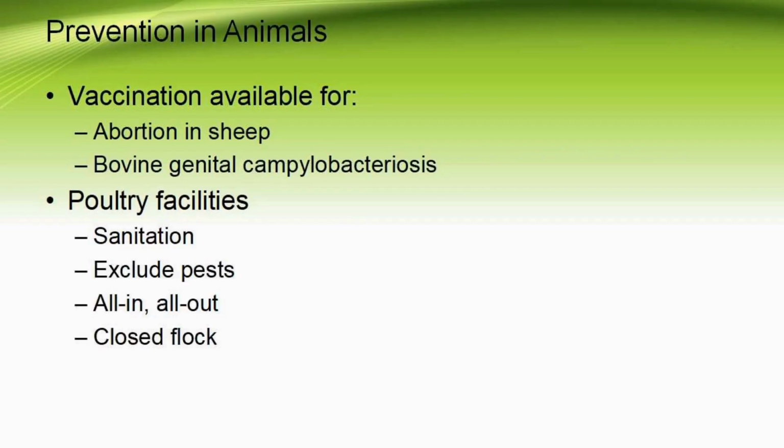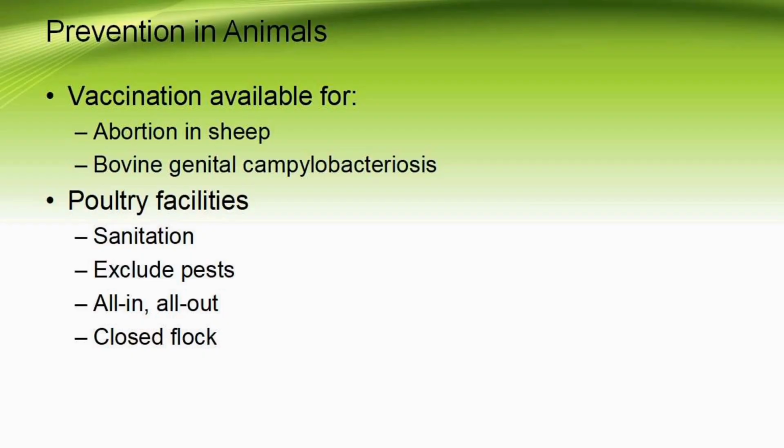Vaccines are not available for enteritis but can prevent abortions in sheep. They are also useful for both prophylaxis and treatment in bovine genital campylobacteriosis. However, the vaccinated cows may remain carriers. Artificial insemination can control or prevent bovine genital campylobacteriosis.